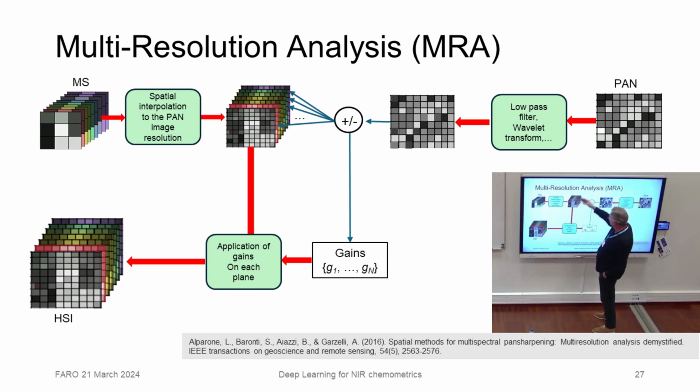So we have a lot of planes, okay, but you can see here we have the same pattern, in fact, but with high resolution. And we compare each of these planes with the panchromatic, and we compute gains, in fact. These gains are based on the resemblance between the planes and the panchromatic image. And we apply these gains, and we go back to a hyperspectral image.